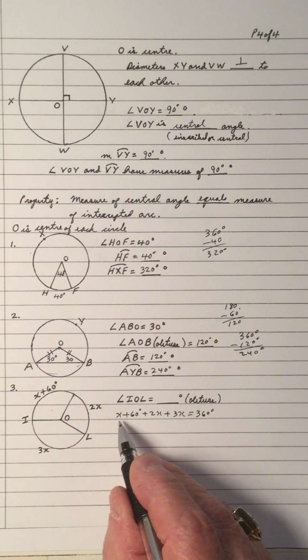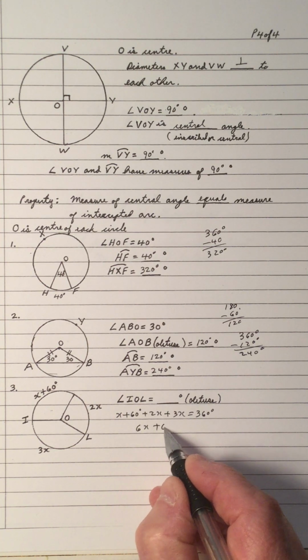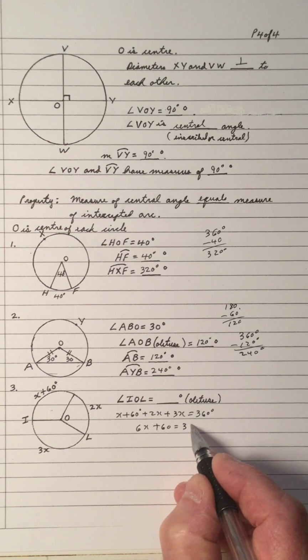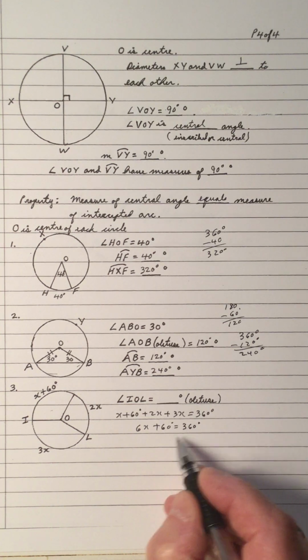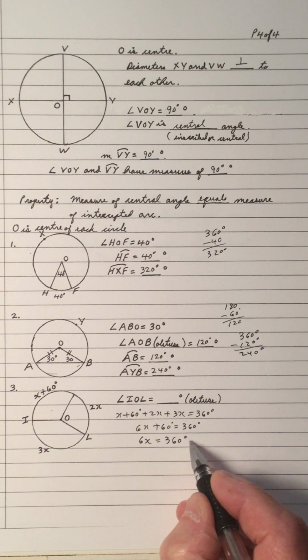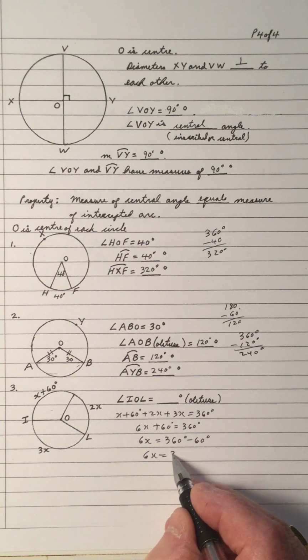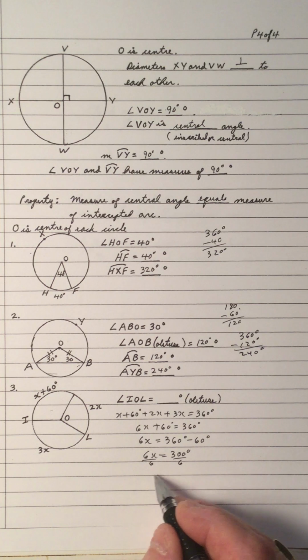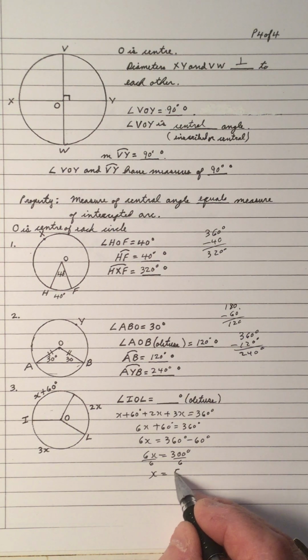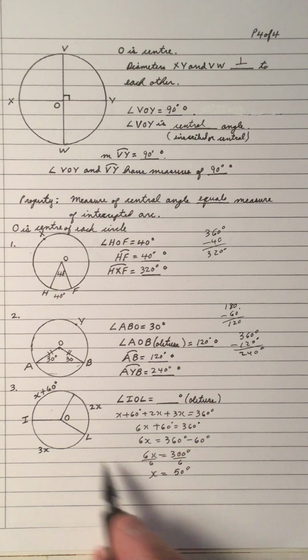So if I add x, 2x, and 3x, that's 6x plus 60 equals 360. So 6x is equal to 360 minus 60. 6x is equal to 300. Divide by 6. x is equal to 50 degrees.